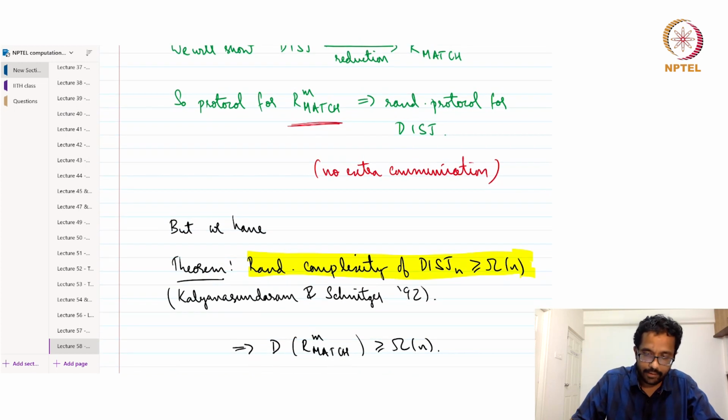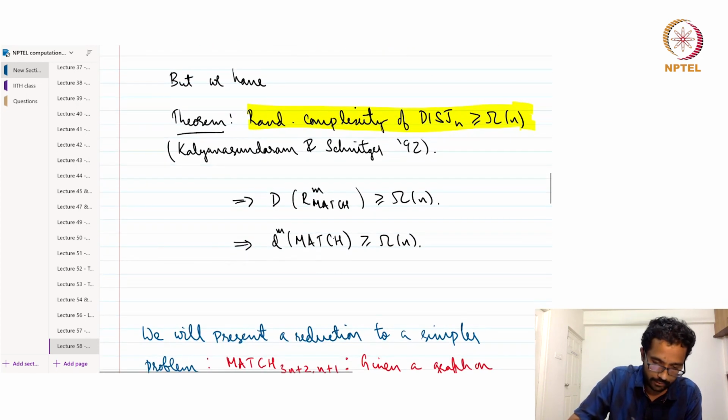And here, via this reduction to the Karchmer-Wigderson relation, we have a randomized protocol for disjointness without any extra communication complexity. Since we know that the randomized complexity of disjointness is at least omega of n, this means that the complexity of R match is also at least order n.